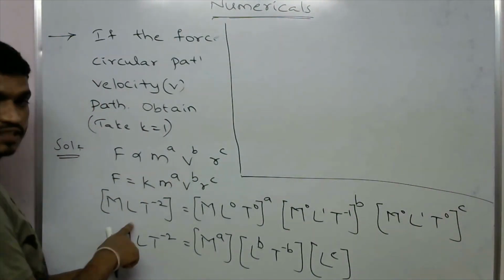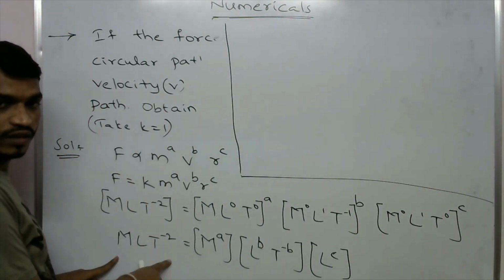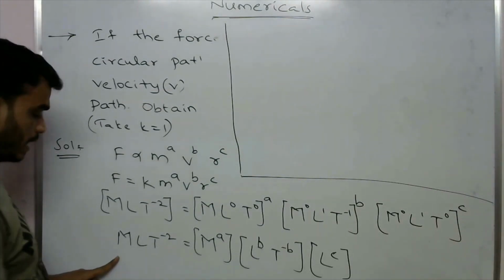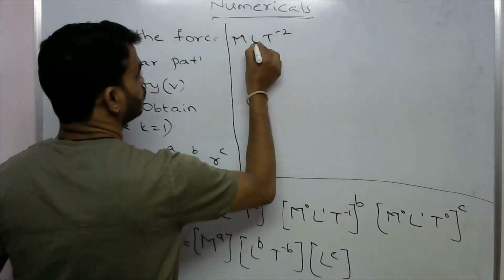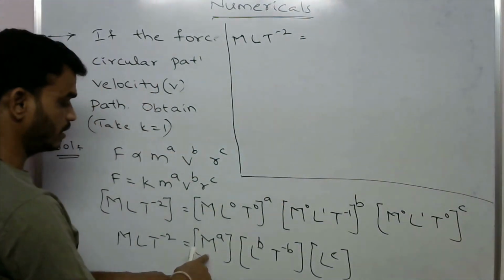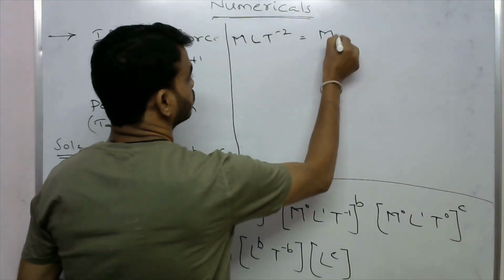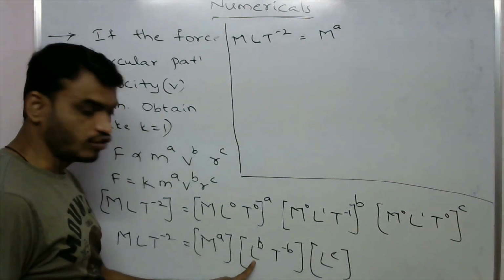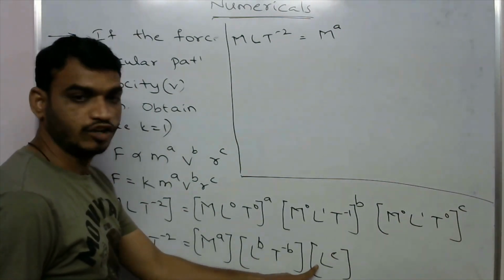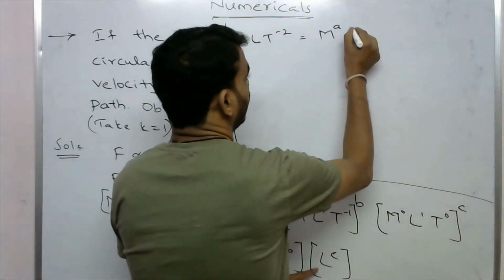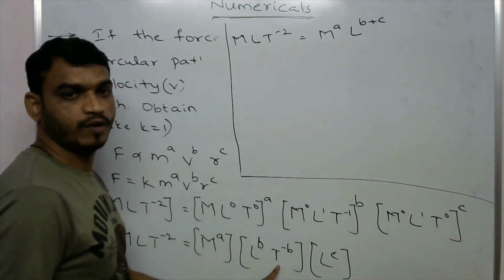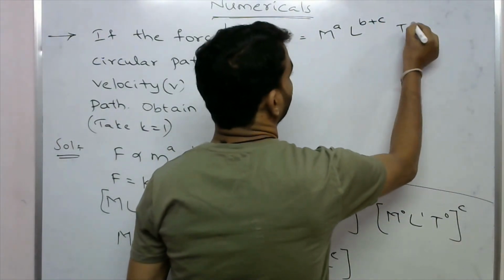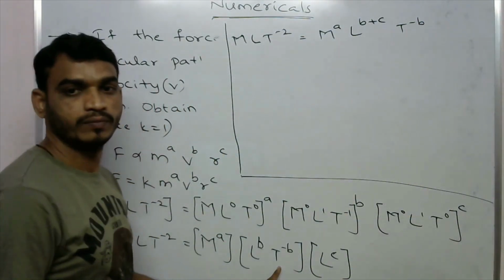So here this is M to the power 1, L to the power 1, T to the power of minus 2, and on the right M to the power a, and here we have L to the power b and L to the power c. So we can write L to the power b plus c, and T to the power of minus b.